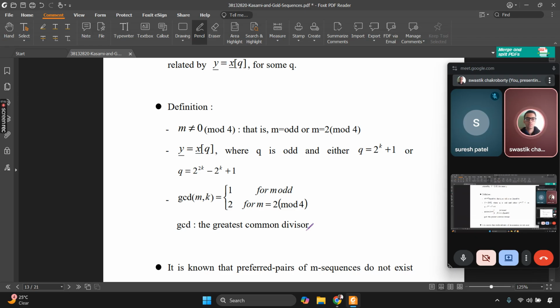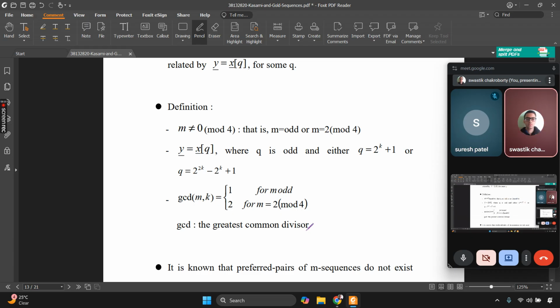So n is not equal to 0 mod 4. That is one of the main criteria of a preferred pair: the degree has to be not divisible by 4. That is, n is odd or n is 2 times an odd number. It has to be a non-leap number.